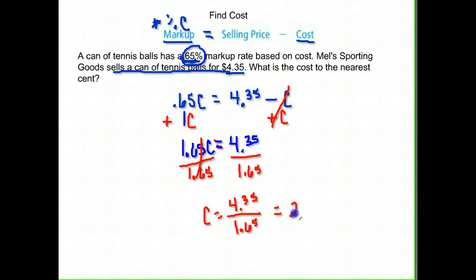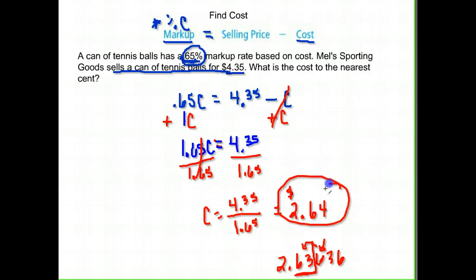And so we come up with a cost of $2.64. It wanted it rounded to the nearest cent, and what I came up with was 2.63636. Again, cents is 2 numbers after the decimal, and this 6 made my 3 round up to a 4. So my cost was $2.64.